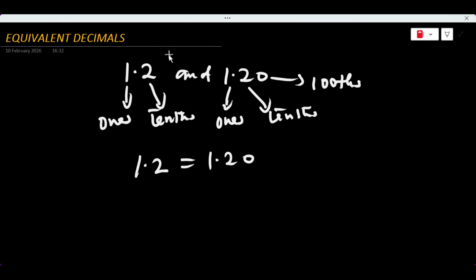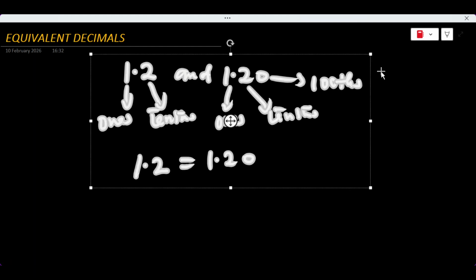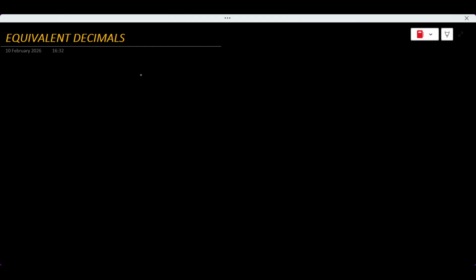Alright, consider this final question and then check if they are all the same or not. And I hope by now you have gotten the pattern and you'll be able to solve it with ease. We have 0.6, 0.60, 0.600. Are they all the same? Yes, of course.